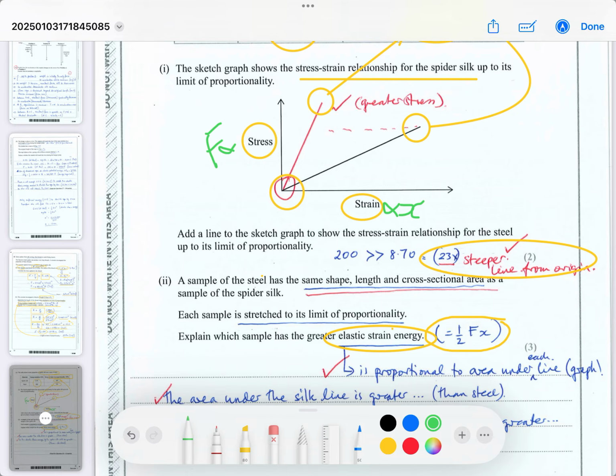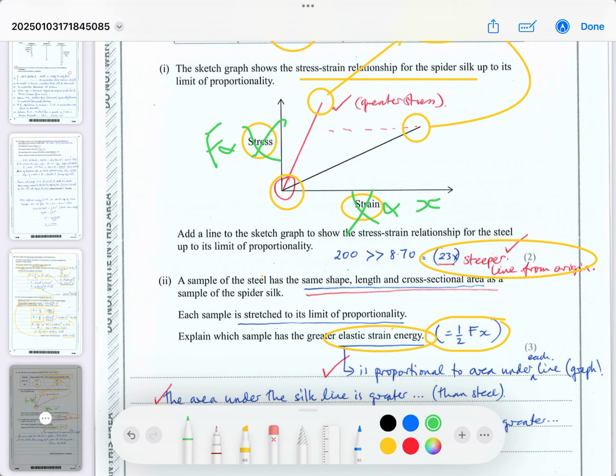It's a little bit messy, but you get my point. Hope that makes sense. So basically you could just replace stress and strain with force and extension, and you have exactly the same comparison of lines.